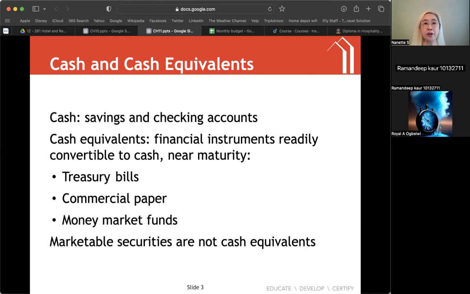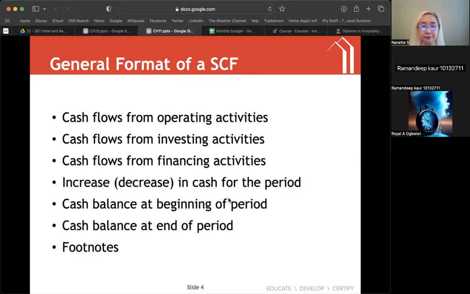So if you want your cash to be liquid, then you have to sell your investment in the stock market, and then you can use it as cash. So that's the definition of cash equivalent. So this would be the format for an SCF.